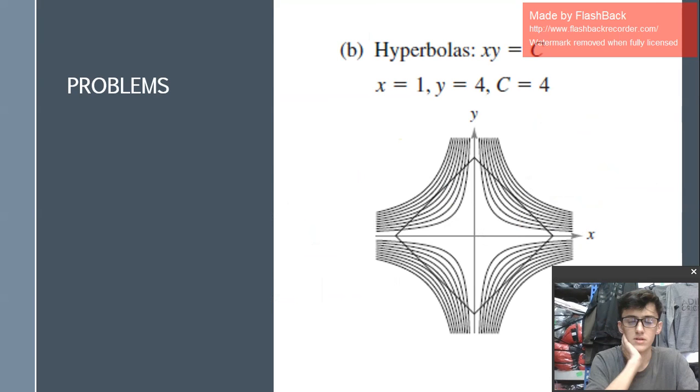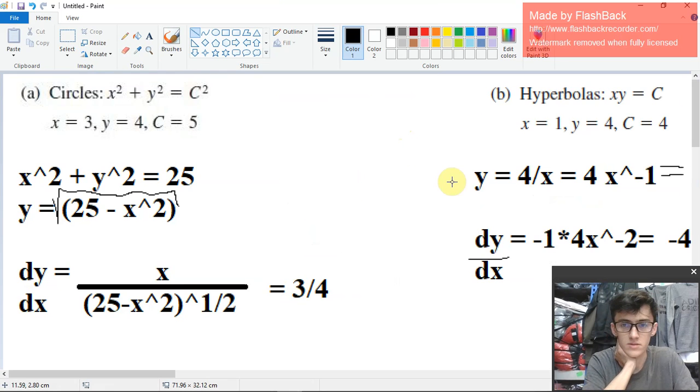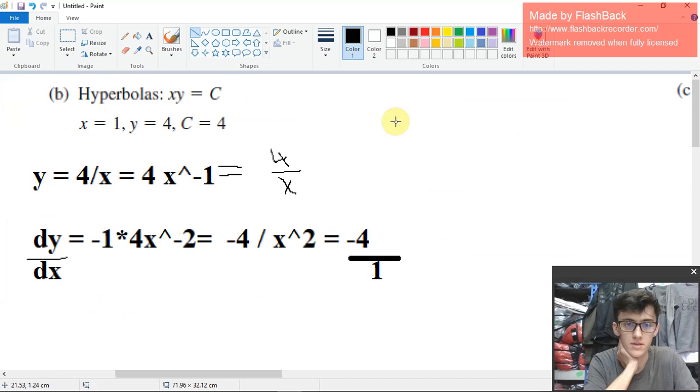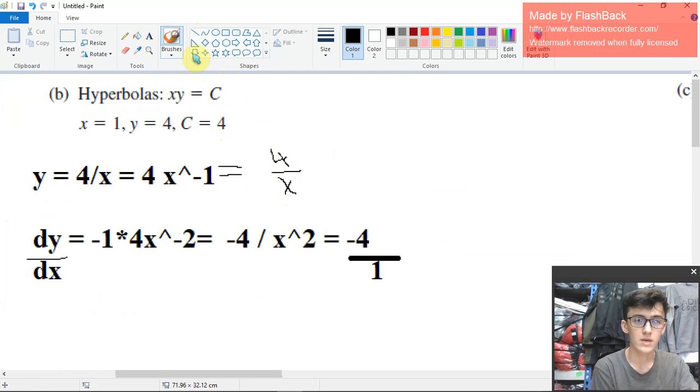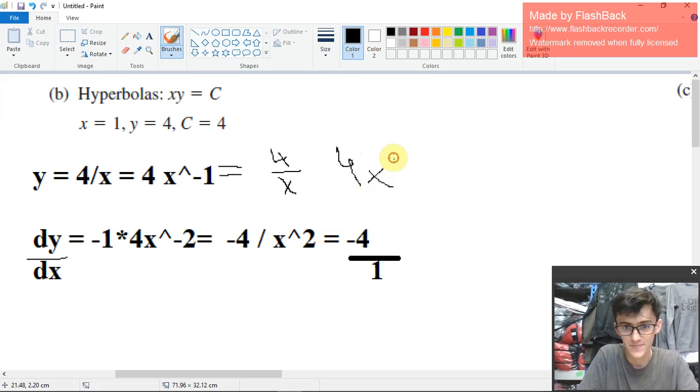Okay, the second one is a hyperbola. Again, we solve this the same way. Substitute c, solve for y. We get 4 over x. The derivative of 4 over x: we will rewrite it in the form of 4x to the power of minus 1.